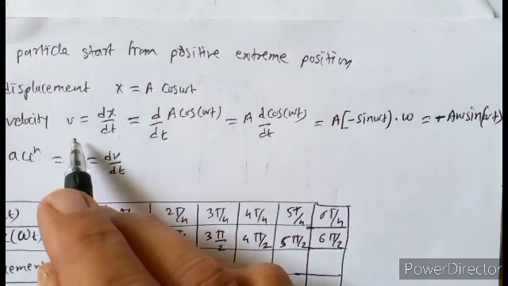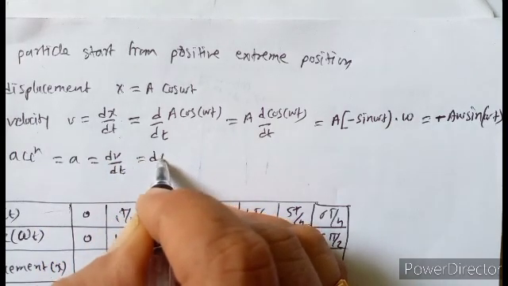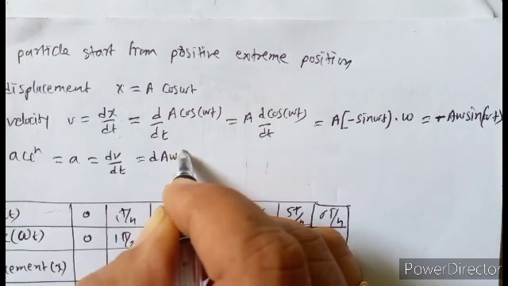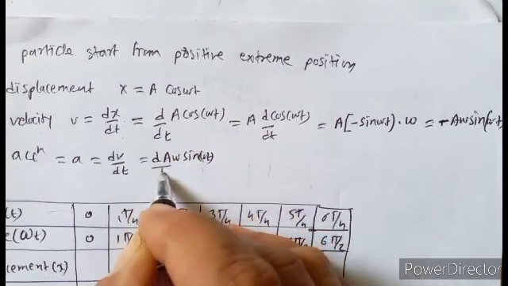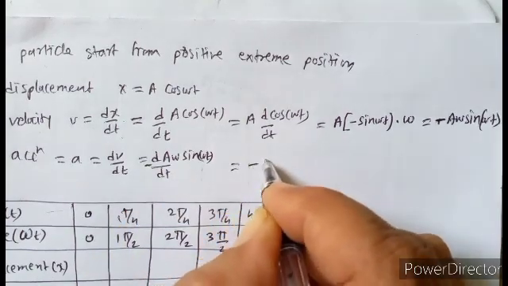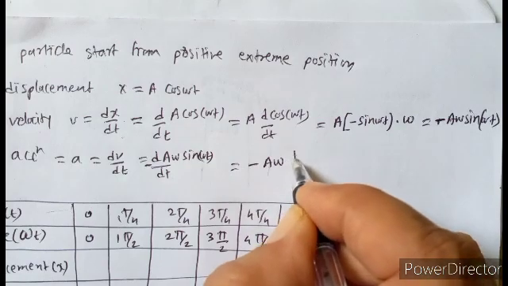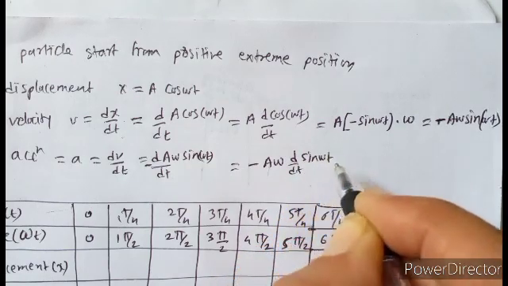Acceleration is nothing but rate of change of velocity. So d of minus a omega sine omega t, bracket complete, by dt. So minus a omega as a common, d by dt of sine omega t.